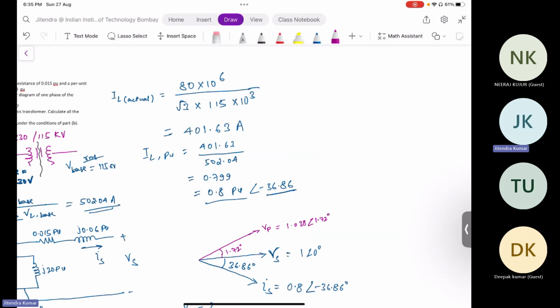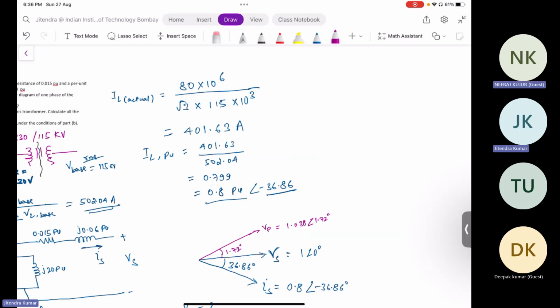Yes, sir. See, root three factors are only in actual ratings. Whenever you are dealing with actual values, you deal with root 3 factors and all. In the per unit system, there is nothing like root 3 or any factors we consider. Why?